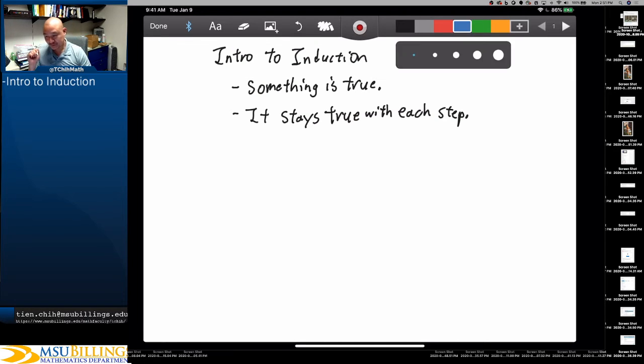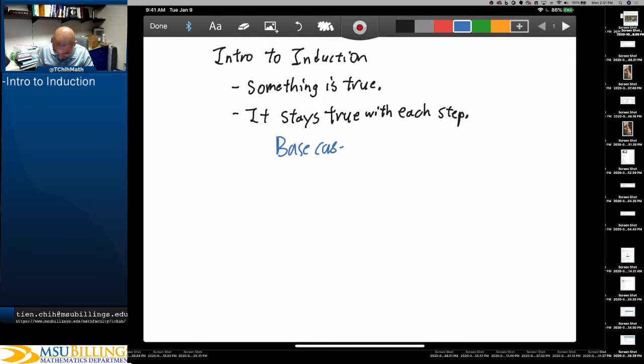If you follow along the text, you can see the basic outline of this. The first two ideas are, first, you establish a base case, something like the first case or the zeroth case.